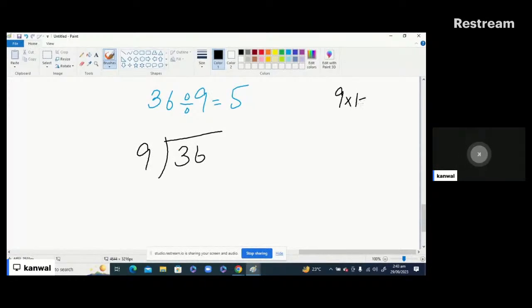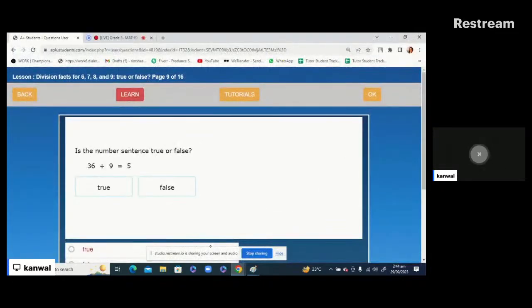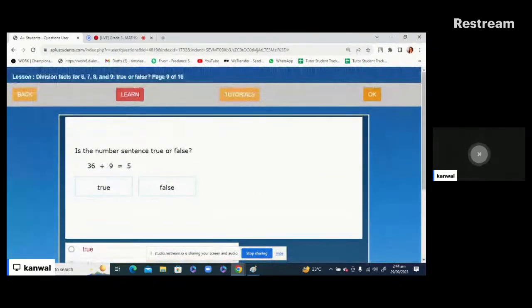Let's check. 9 times 1 is 9. 9 times 2 is 18. 9 times 3 is 27. 9 times 4 is 36. Yes, 9 times 4 is 36, but the answer given here is 5. So it means that it is wrong. So we click on false here. Okay.